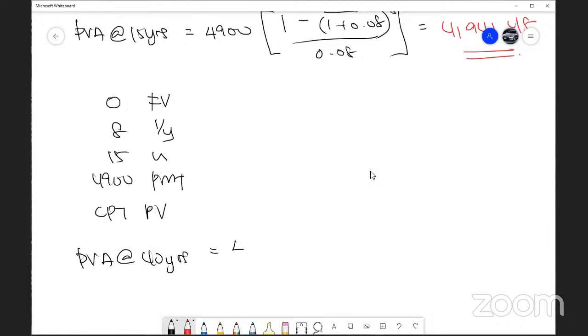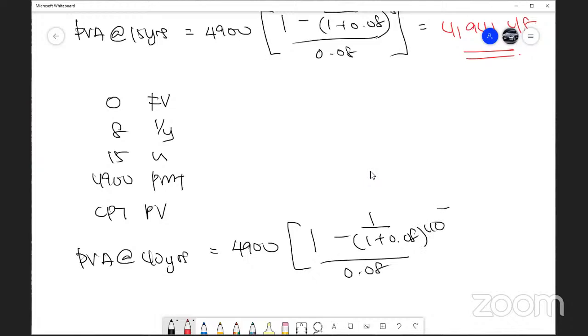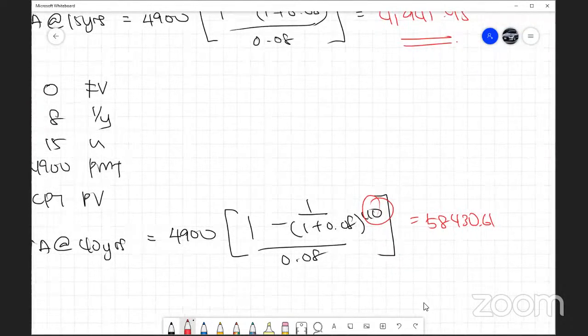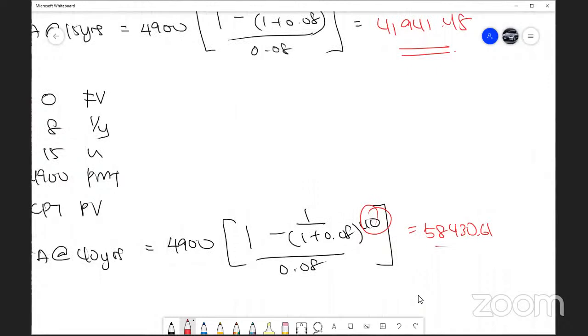Same thing, just put 4,900 times 1 minus 1 over 1.08 power of 40, divided by 0.08. This is the only difference here, the time. This will give you 58,430.61. So this is for 15 years, and this is for 40 years.